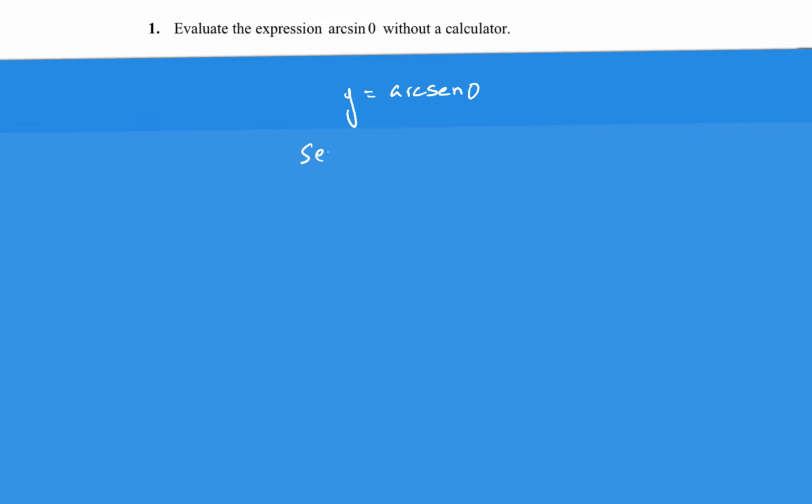So the equation will read like this. Sine of y will be equal to the sine of arcsine of 0. Now, what is the sine of the arcsine? The arcsine of 0 puts out some number, and the sine of this number puts it back to 0. So the sine of arcsine of 0 is 0 because they are inverse functions.